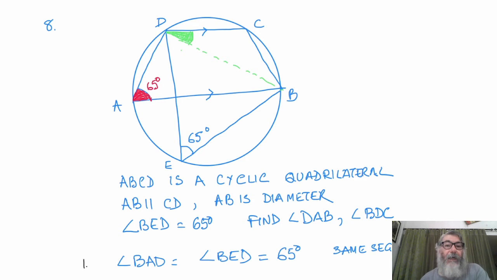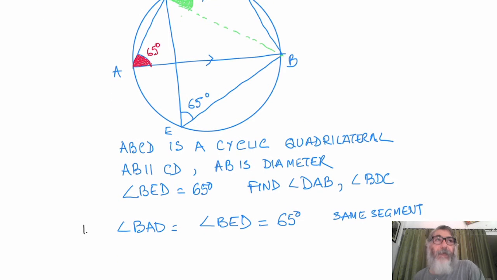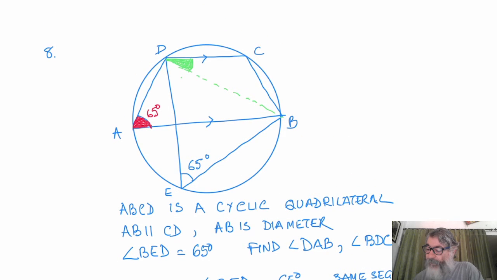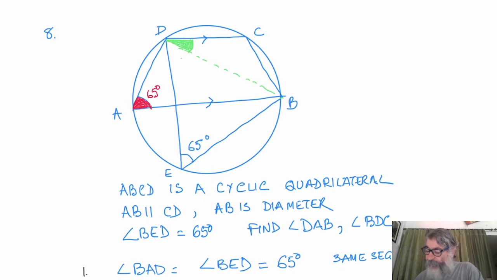Alright. Now I have to use the property that AB is diameter. So if AB is the diameter, then angle ADB will be 90 degree.